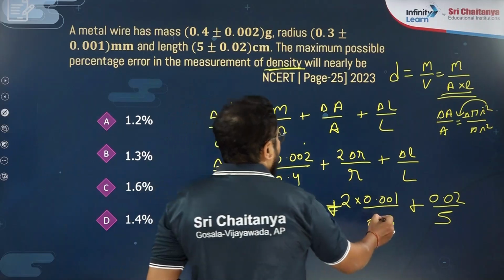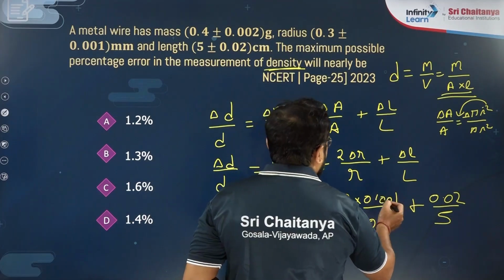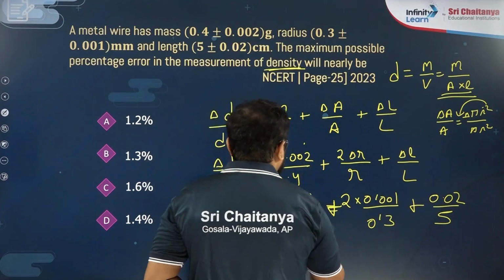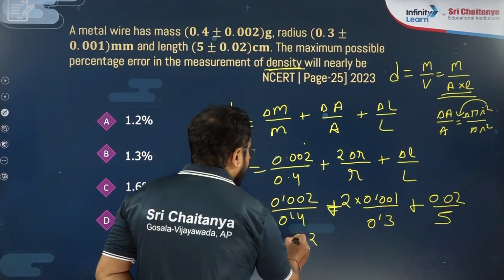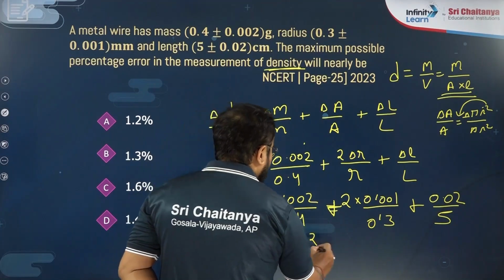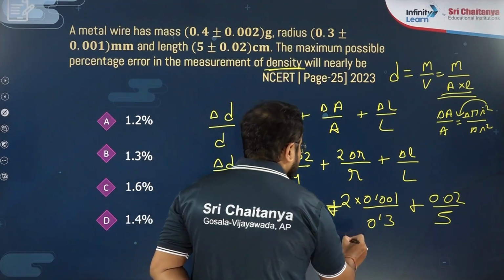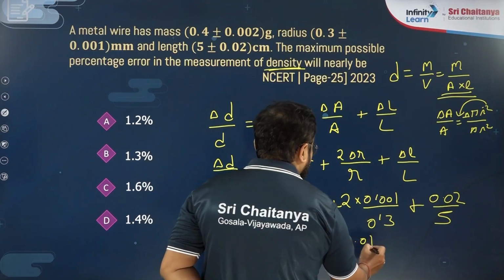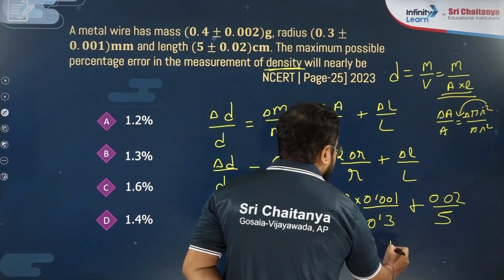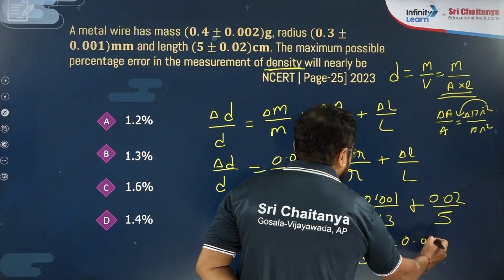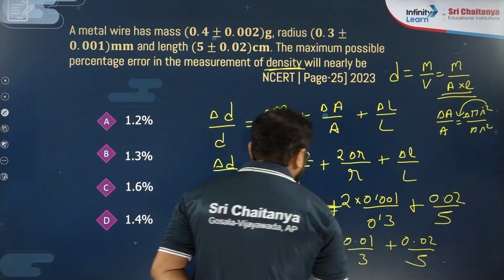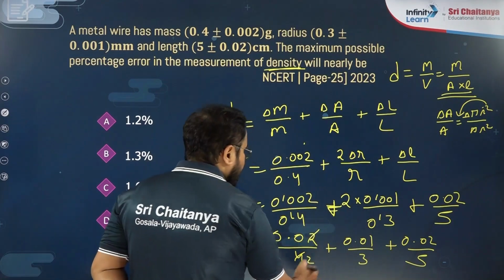So how will we do it? We will remove the decimal from here and remove the decimal from here. This will become 0.02 by 4, this will become 0.01 by 3, and this will become 0.02 by 5. This can be cancelled as 2.